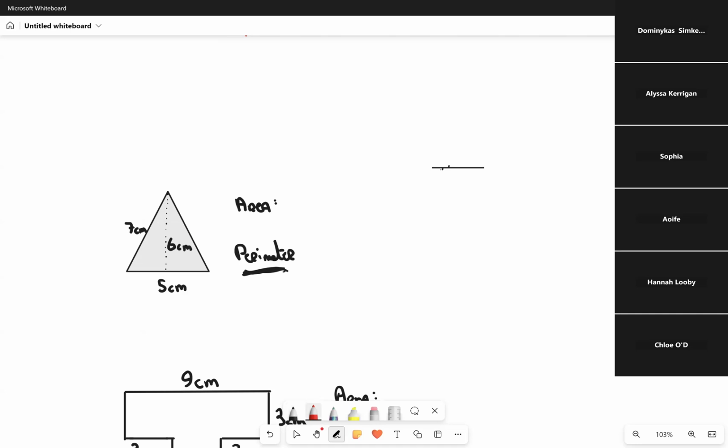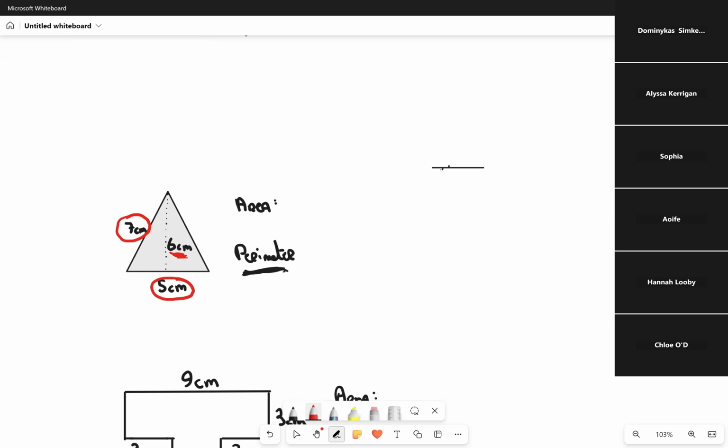So let's look at all the outside lengths here. We have a 7. Now shout at me if I'm wrong. We have a 5. And we have a 6. Is the 6 an outside length? No. What is the 6?